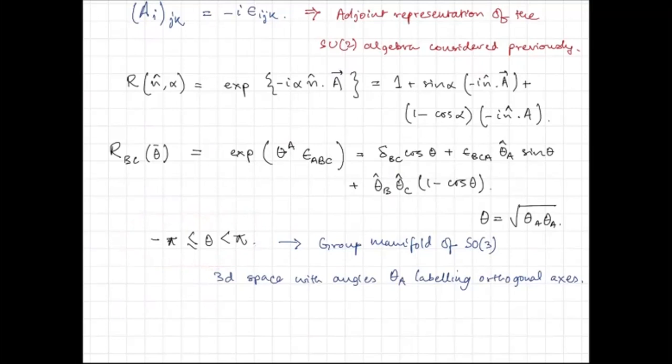What we have is theta squared equal to theta 1 squared plus theta 2 squared plus theta 3 squared, this is the surface of the sphere, and minus pi is less than or equal to theta less than or equal to pi. So this is a group manifold, if you wish.